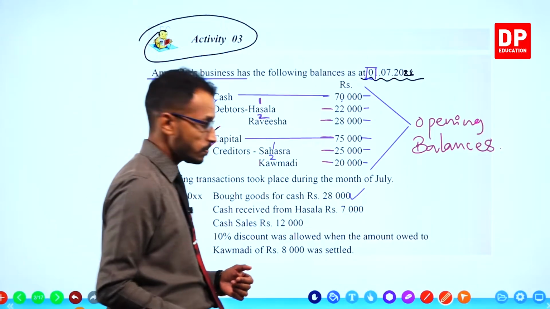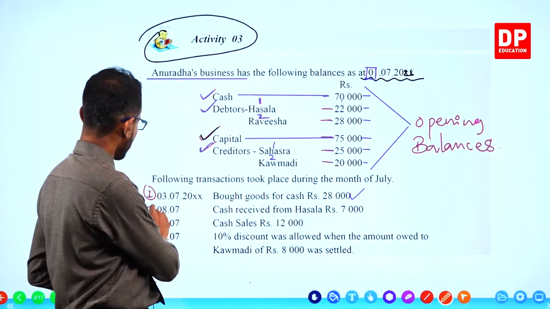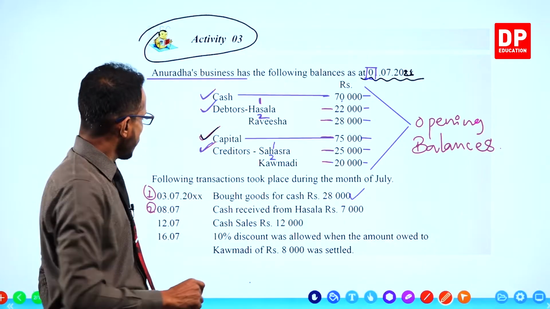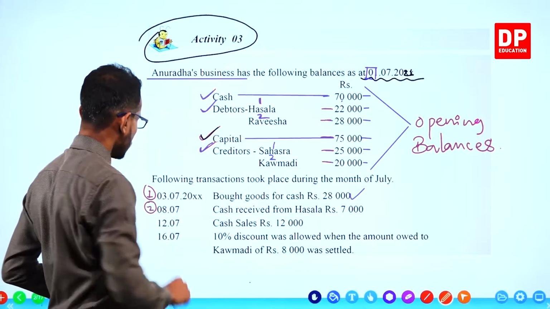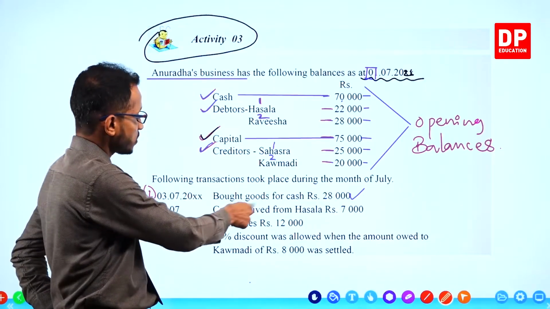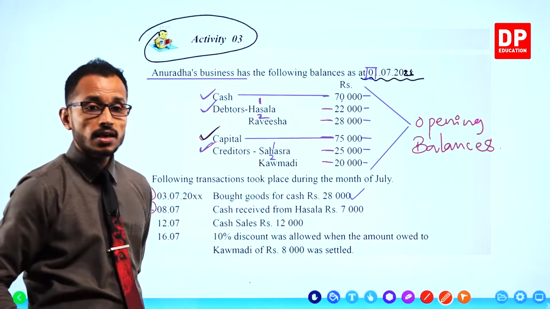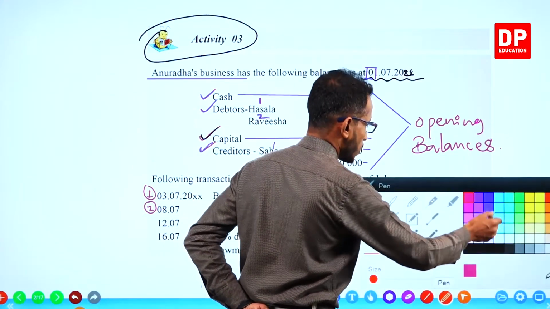We'll do one more. Second transaction. That is done on 8th. Cash received from Hasala, rupees 7,000. Hasala is a debtor.